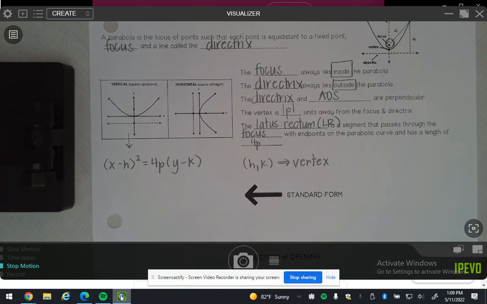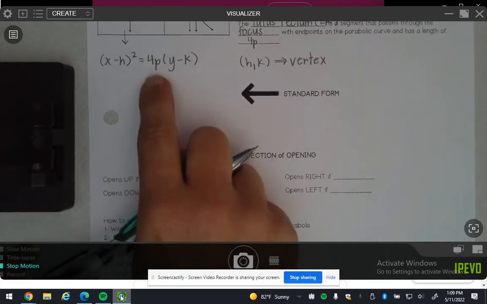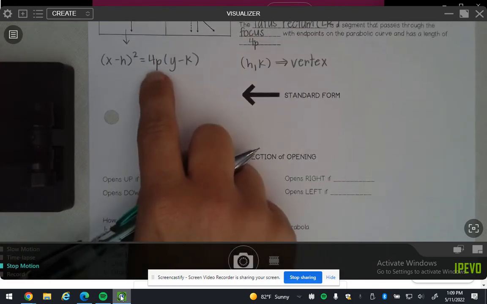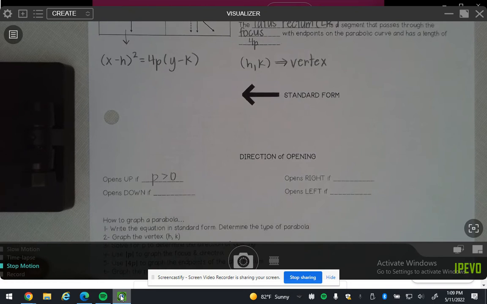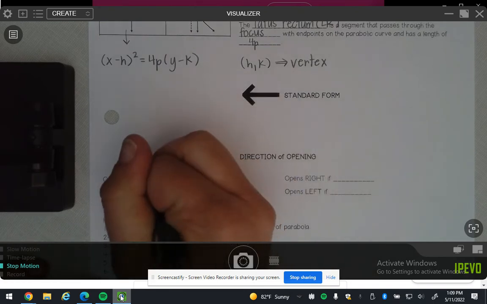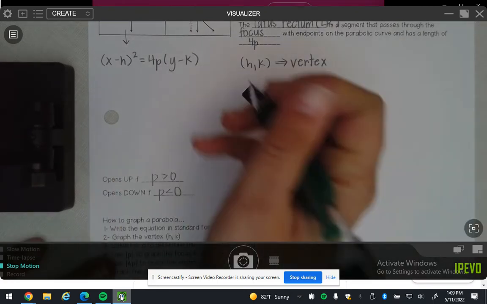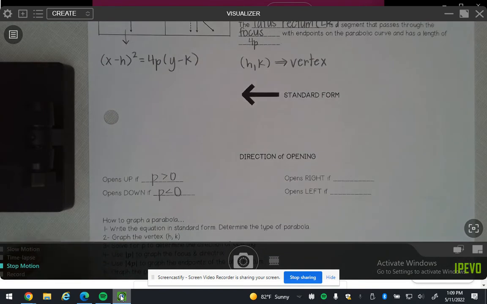This is vertical. If p is greater than 0, your parabola will open up. If p is less than 0, your parabola will open down. That goes with your vertical.